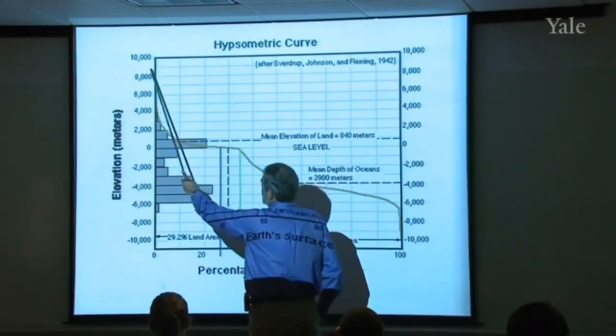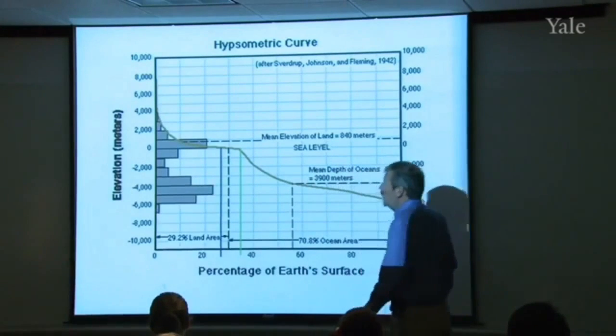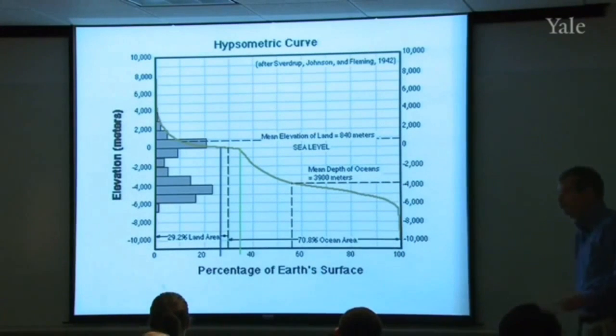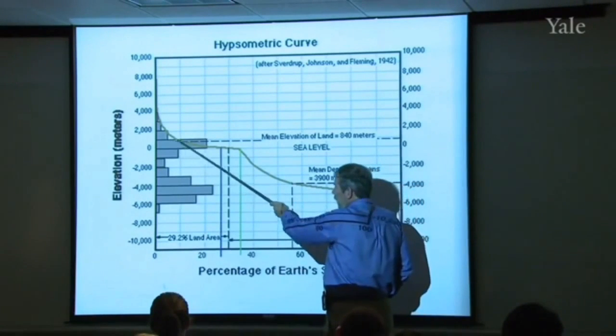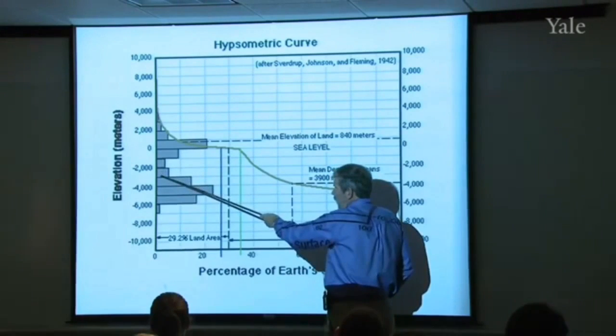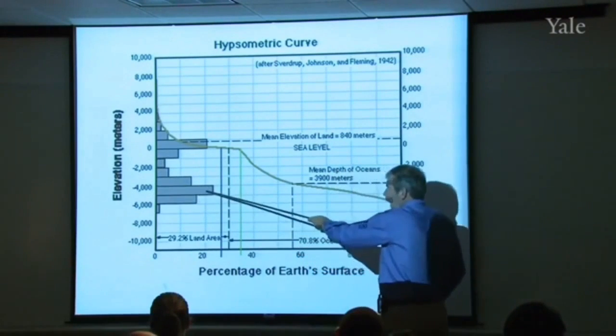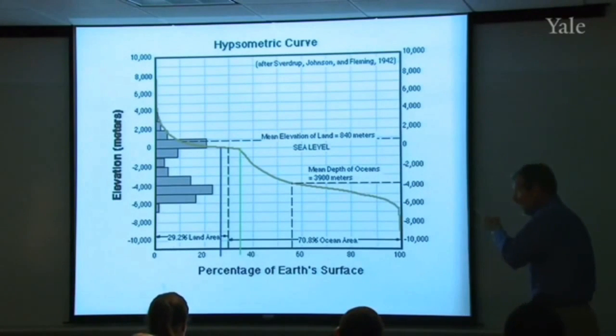In fact, Mount Everest is up here somewhere. There's even a little bit of land that lies 9,000 meters above sea level. Going down below sea level, there's not much land at 1, 2, and 3 kilometers below sea level, but a lot at 4, 5, and 6 kilometers below sea level.